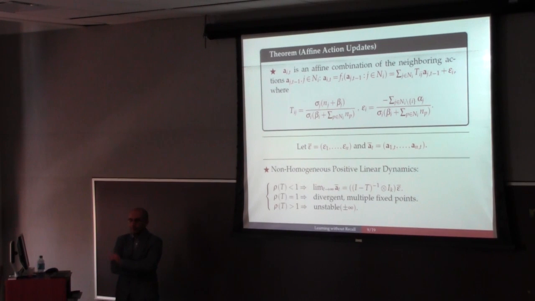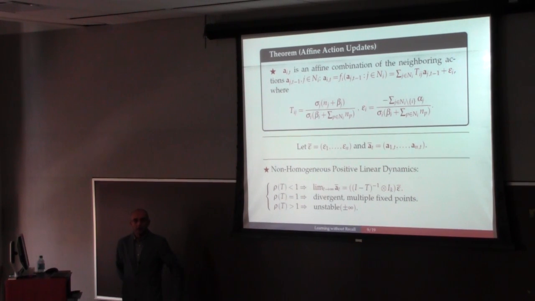So under this framework, we get that the action that an agent takes at time 1 would be an affine combination of the actions that it observes from its neighbors at time 0, as well as its own action at time 0. So we got quite close to the structure that we were aiming for.